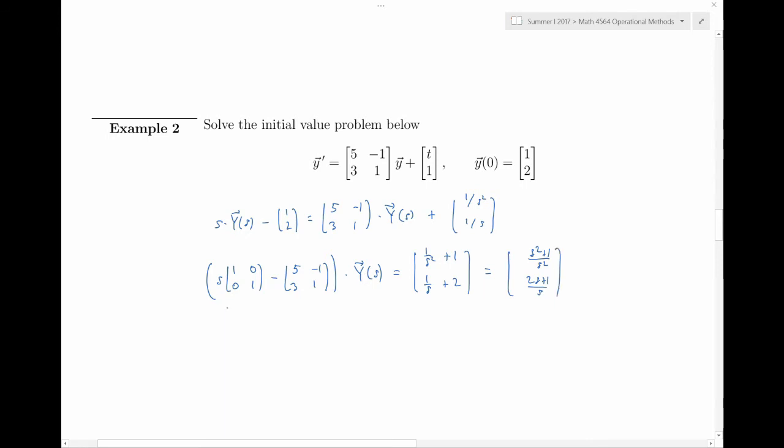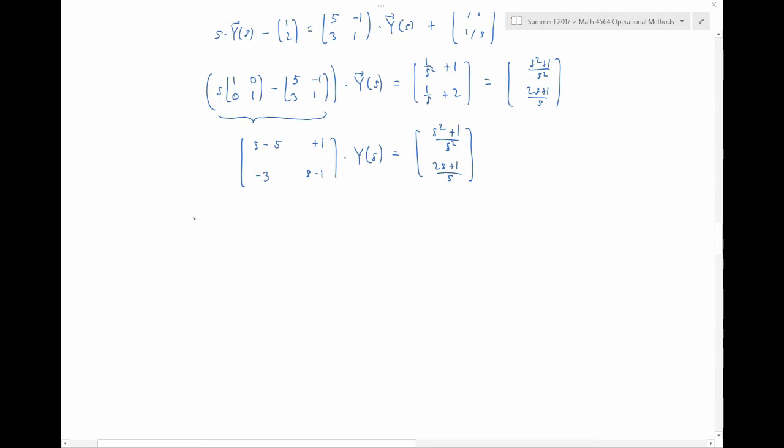So what we have to do now is find the inverse of this matrix, which can be written as s minus 5, positive 1, negative 3, and s minus 1, times y of s should be equal to s squared plus 1 over s squared and 2s plus 1 over s. Now we need the inverse of this matrix.